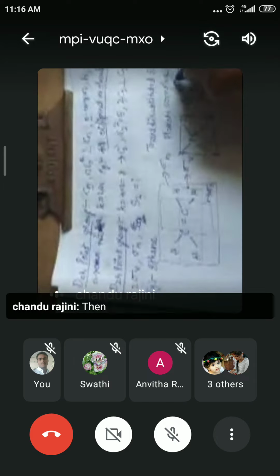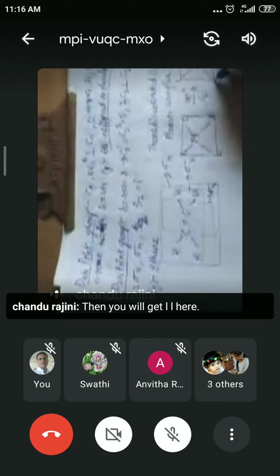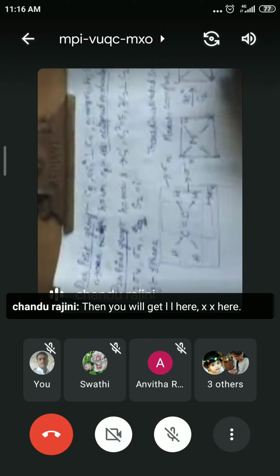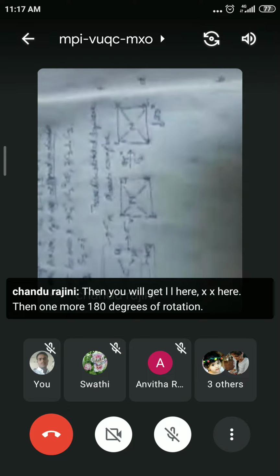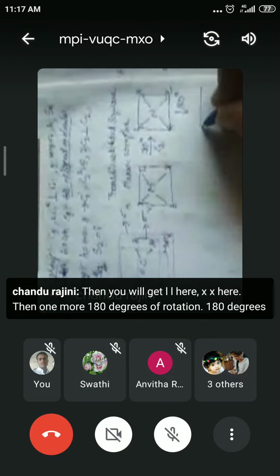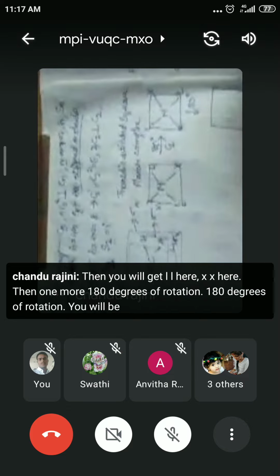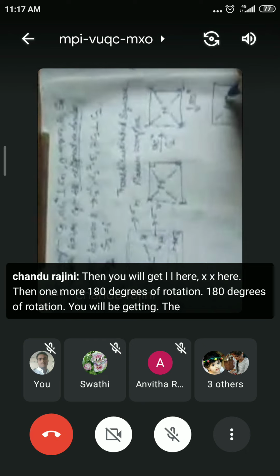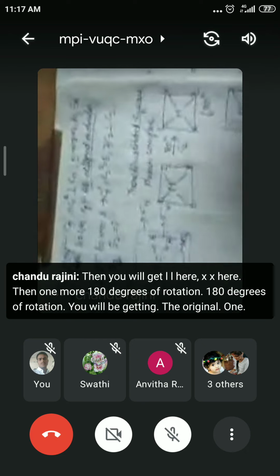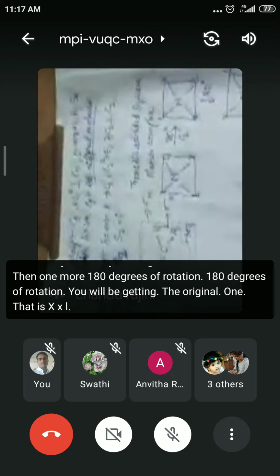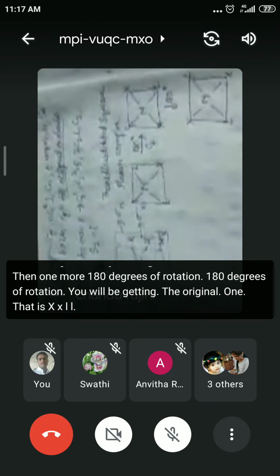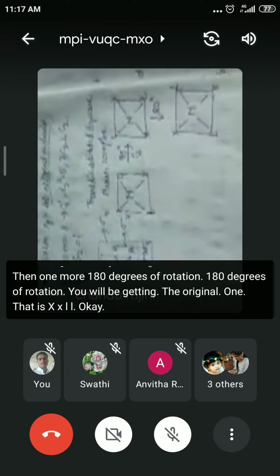Then you will get L here, X here. Then one more 180 degrees of rotation, you will be getting the original one, that is X, X, L, L. Got it?